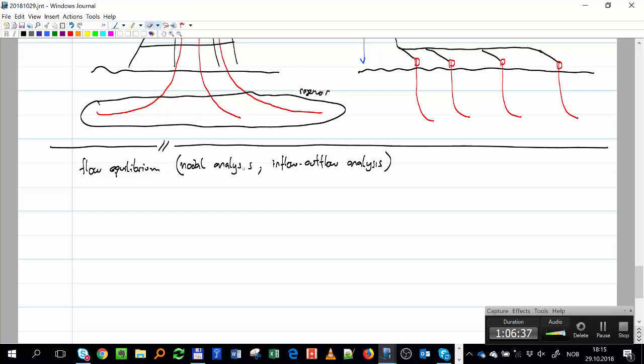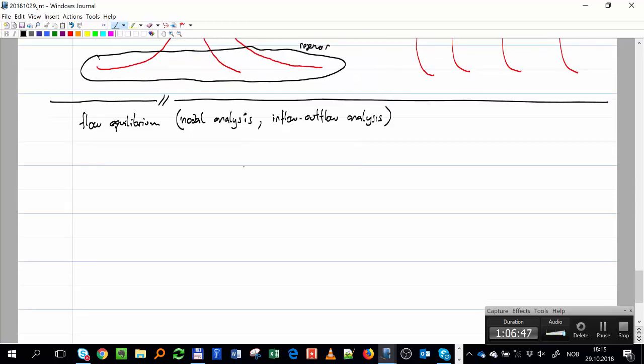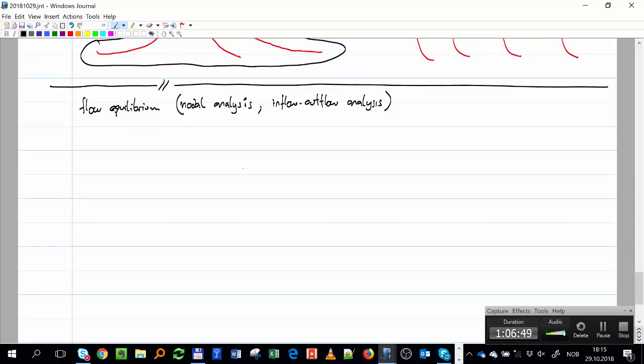You can call it whatever you want, but I think flow equilibrium is a very generic name, that is very generic in nature. So let's go back to pipes.